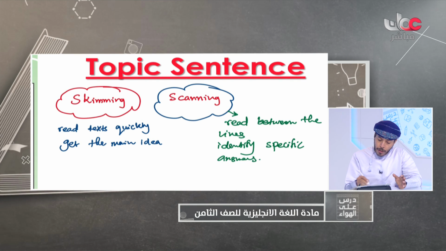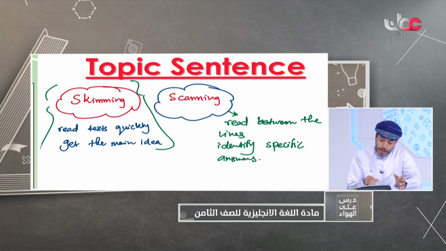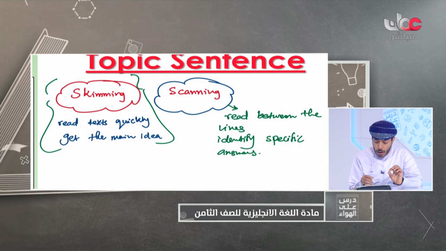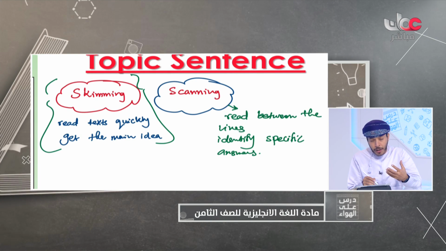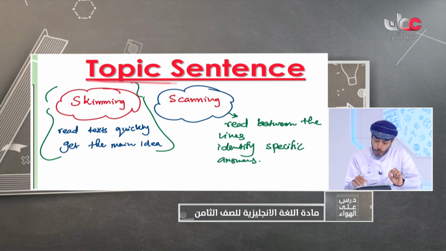Okay, but for skimming, when we read things very quickly by applying the skimming reading skills, we are looking for the topic sentences, which is this one, topic sentence, and it's from the word topic.